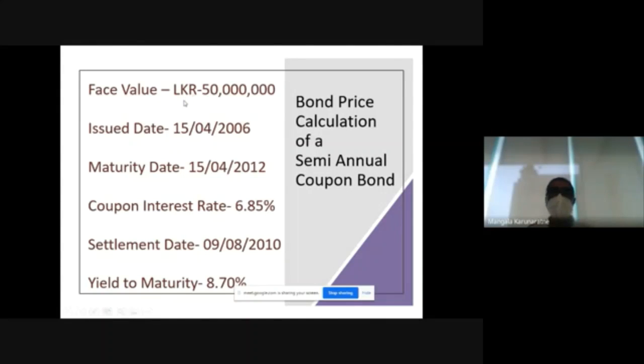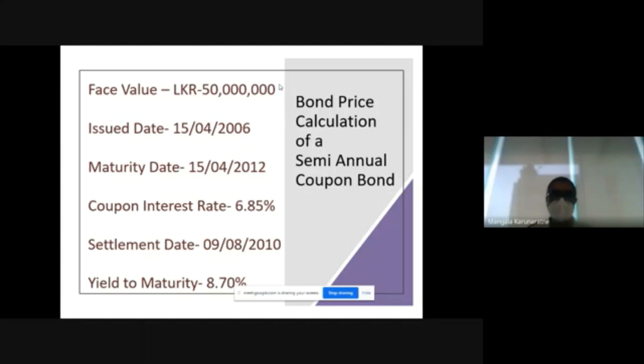Now this is a bond. This is an actual bond, an actual deal which we have done in the bank with another counterparty. So I have taken this because it will be easier for us to see whether we have got the exact figure, rather than taking something from a theoretical point of view.